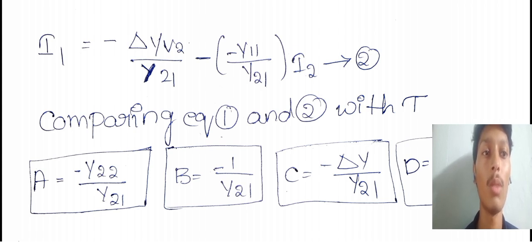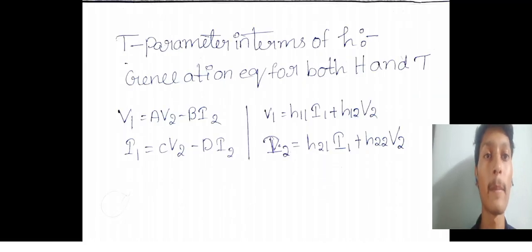That is equation 2. Now compare equation 1 and 2 with T parameters. We get A equals minus Y22 by Y21 and B equals minus 1 by Y21 and C equals minus delta Y by Y21.